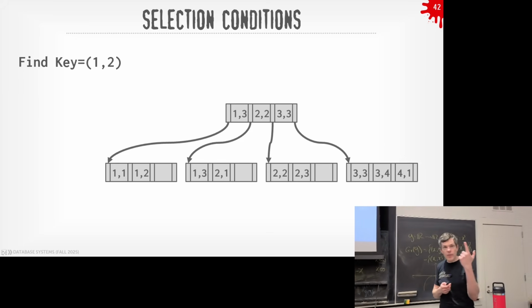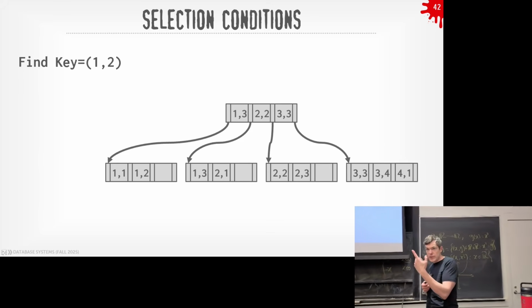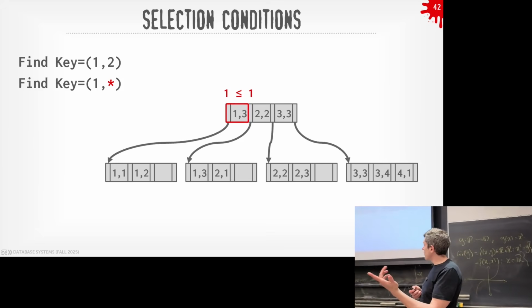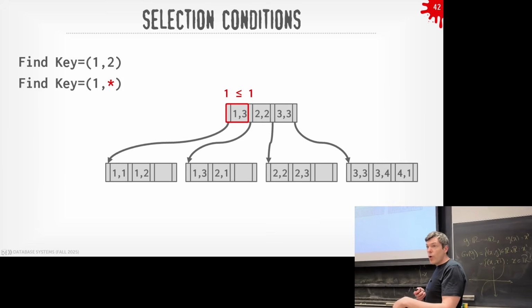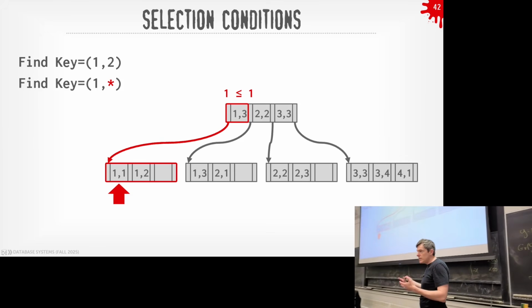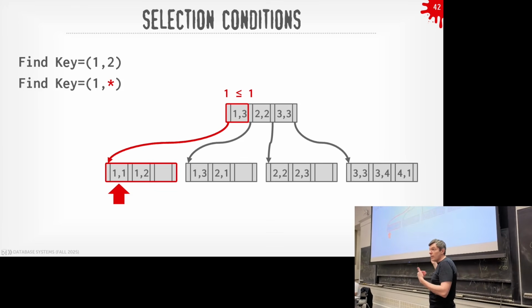If you only have the first key and not the other keys, like a prefix lookup, then in this case here, I just do the lookup for the first key that I do have. 1 is less than or equal to 1. I then jump down to this leaf node here. But since there may be multiple key-value pairs in my leaf nodes where key A equals 1, I have to scan along the leaf nodes until I find the first entry where key A does not equal 1, right?